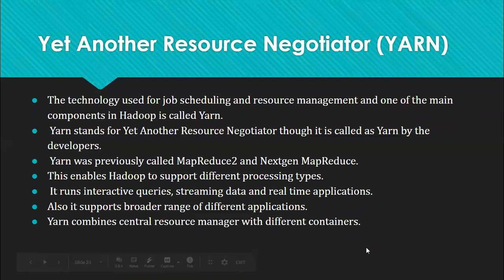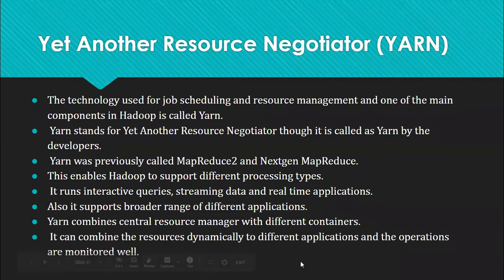YARN combines several resource managers with different containers. So in YARN, there are different containers, and all the containers will be managed by a central device called the resource manager. It can combine the resources dynamically for different applications, and the operations are monitored as well.